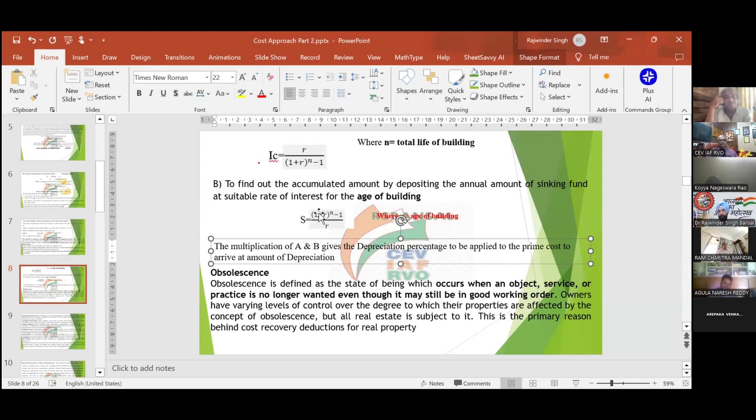If R is same, you will get a depreciation as 1 in each and every case, which is not possible at any age. The second thing is, here N is age of the building and here N is life of the building. That is why the answer will not be equal to 1.